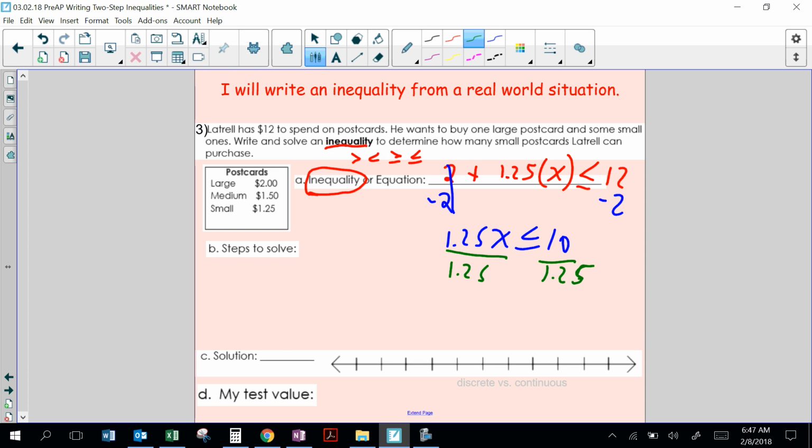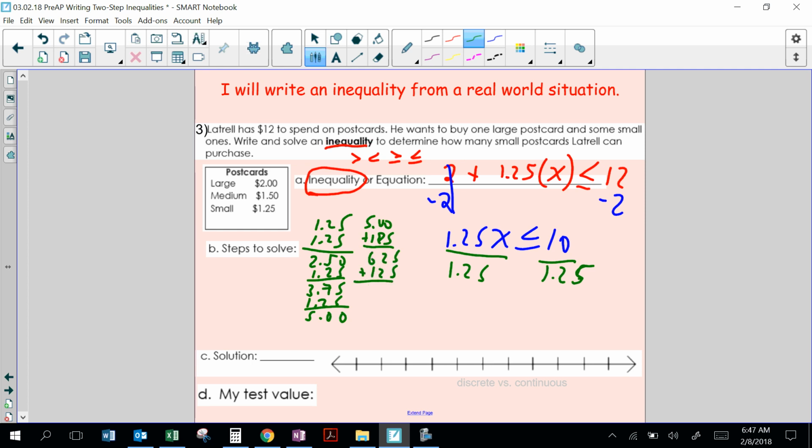There are many ways you can do this. You can keep on adding $1.25 until you figure out the answer. $1.25 plus $1.25 is $2.50. Plus $1.25 is $3.75. Plus $1.25 is $5. Plus $1.25 is $6.25.